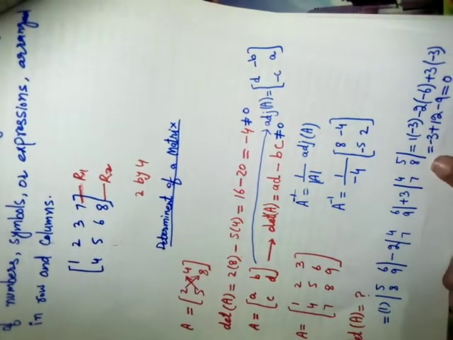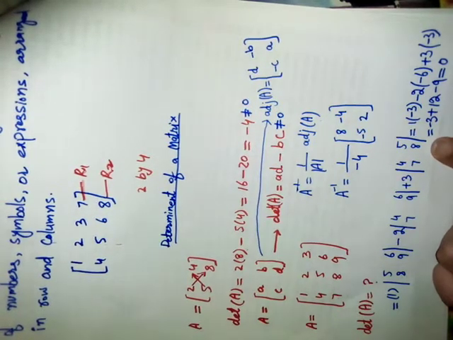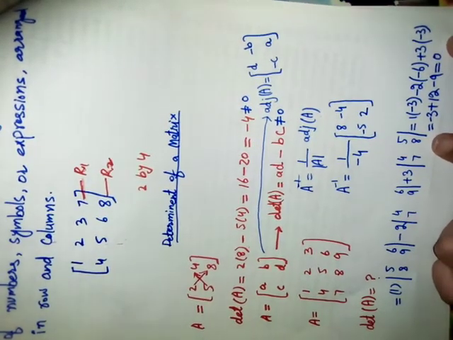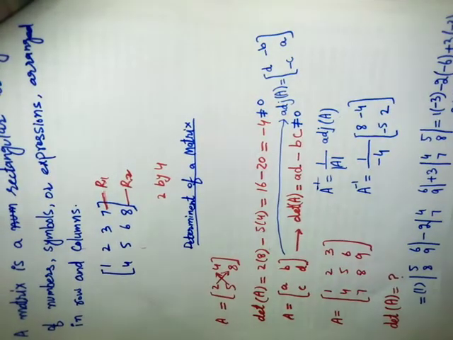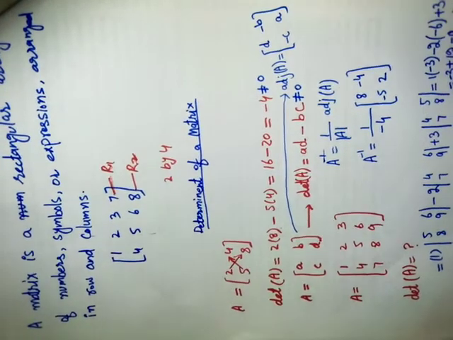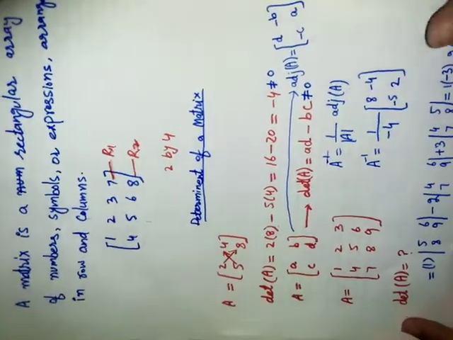So its inverse is not possible. We cannot evaluate its inverse because the determinant of this matrix is 0. Now we consider some other matrix to evaluate its inverse.